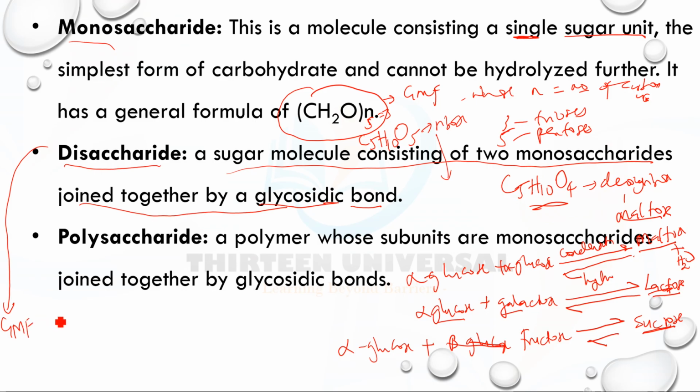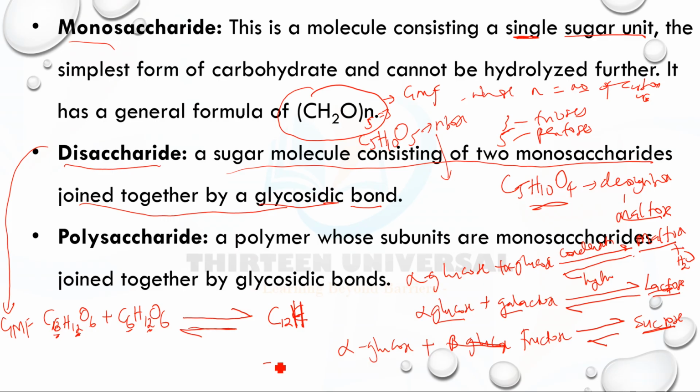Remember that if I join two hexose sugars, for example, C6H12O6 plus another C6H12O6, and they undergo condensation reaction, if you write carbon, the sum of this carbon and that carbon is 12, C12. The sum of this hydrogen and that hydrogen is 24, H24, but remember that water is removed.